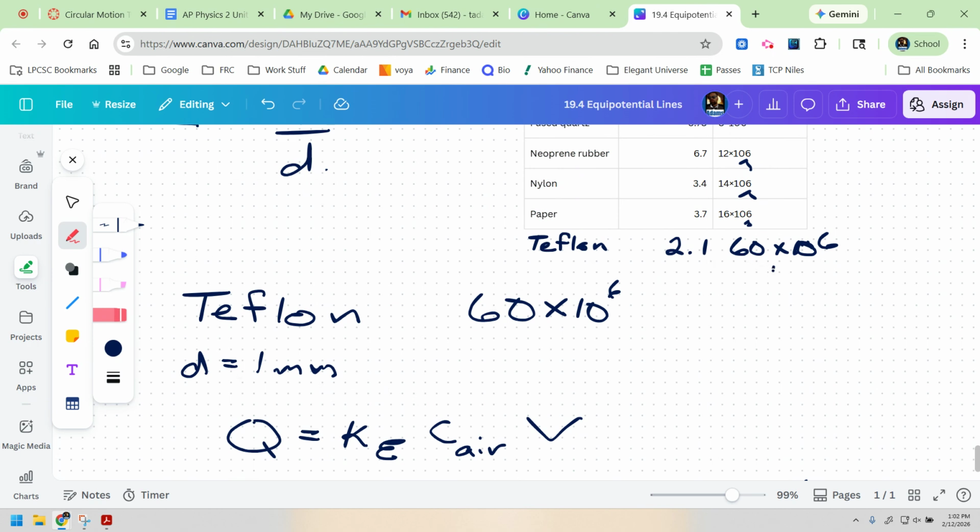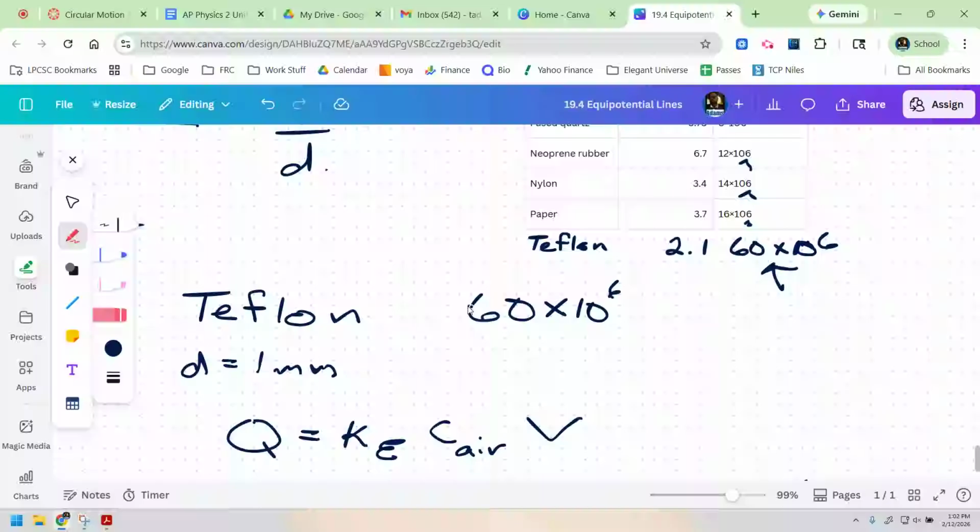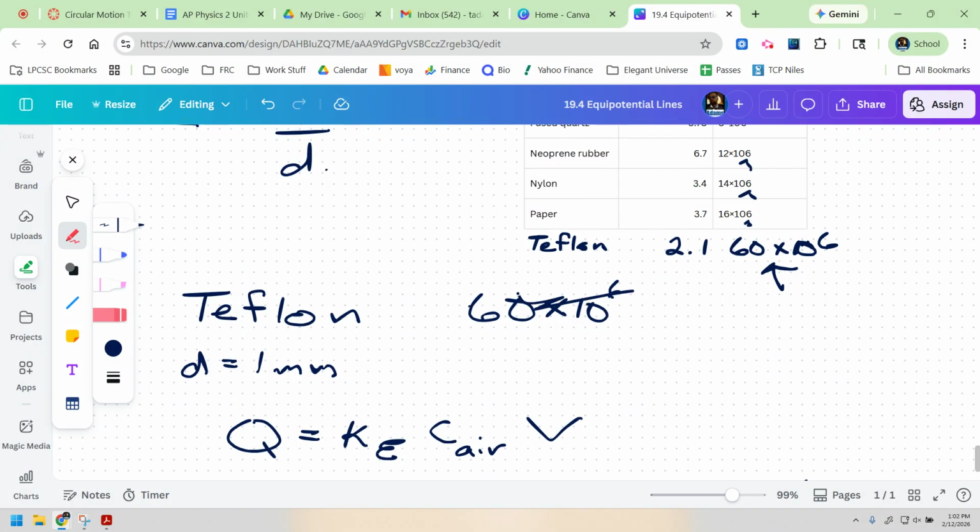I'm not sure if this is right or not, but in the example, they say that it's 60,000 volts. No, that's not incorrect, because the textbook says that, so let's figure this part out.